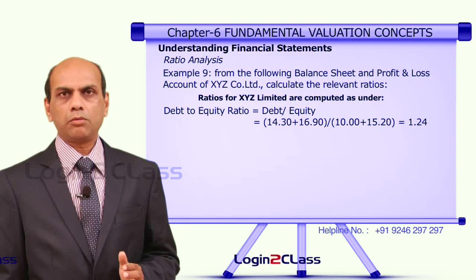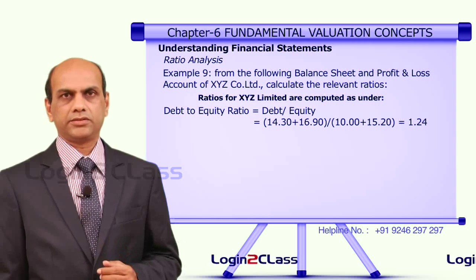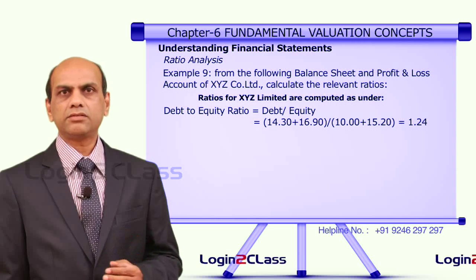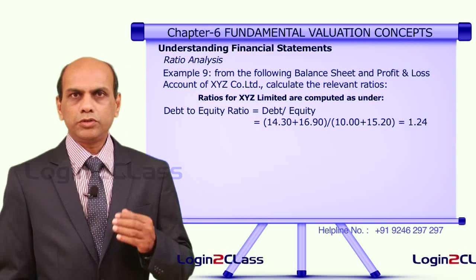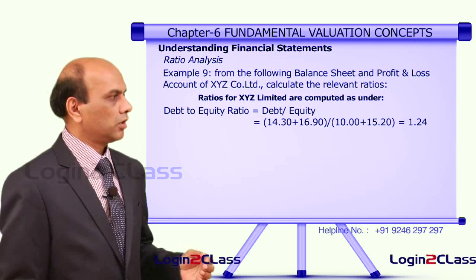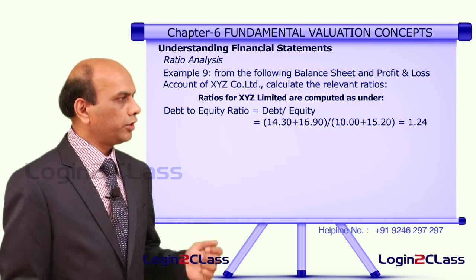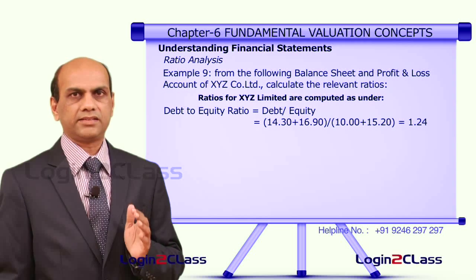Equity forms equity share capital and reserves and surplus. We have already seen the reserves and surplus is 10 plus 15.2, which works out to 25.2, and secured loans and unsecured loans are 14.3 plus 16.9. These are debts.